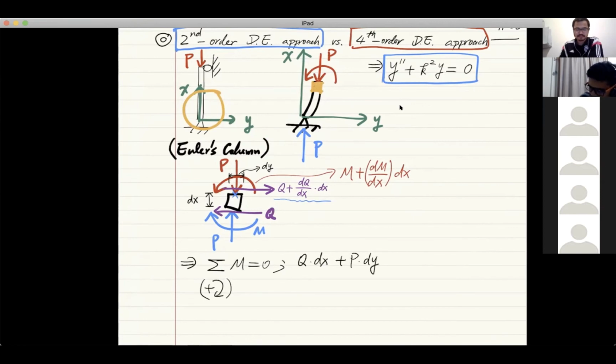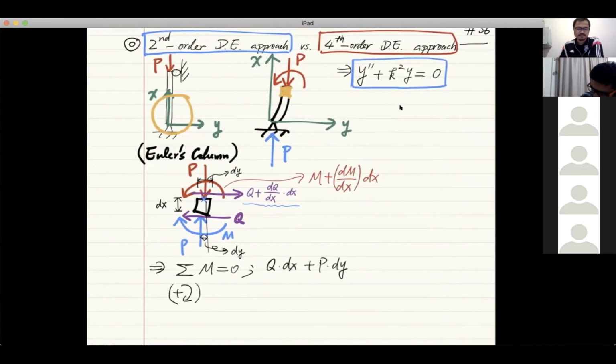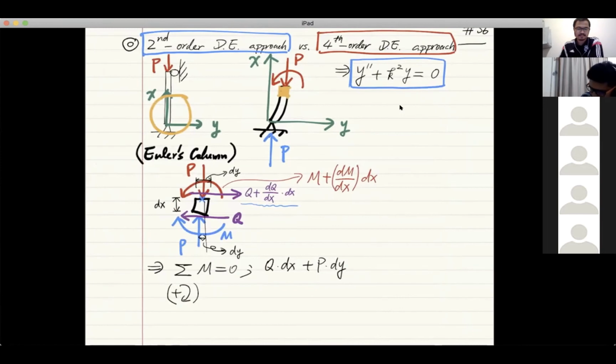So the distance between these two forces is dy. That means from here to here, this distance. I know the illustration doesn't really do justice in this schematic, but the distance between the two p forces is dy. So p times dy, and this p is the p at the bottom, not the p on the top.